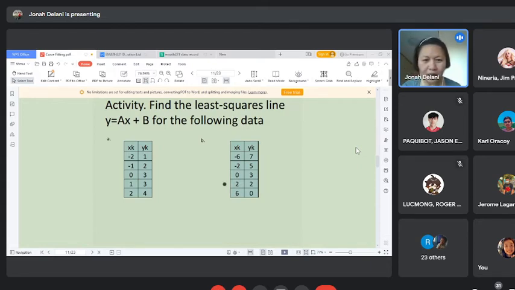Any questions? None. So, that is from the table in letter A. It can be solved the same way if the table in B is given, using the same method.